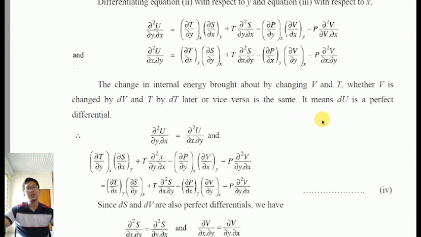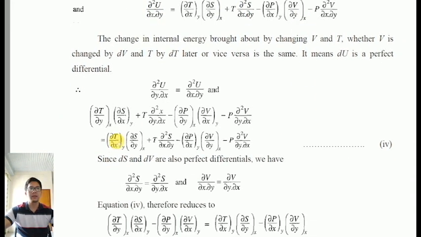Now please remember that the change in internal energy, dU, is a perfect differential. Perfect differential means differentiation of U with respect to y first and then again with respect to x is equal to differentiating with respect to x first and then again y. It doesn't matter which variable you differentiate first. These two portions are equal, that means the right hand sides are also equal, so we get equation 4.